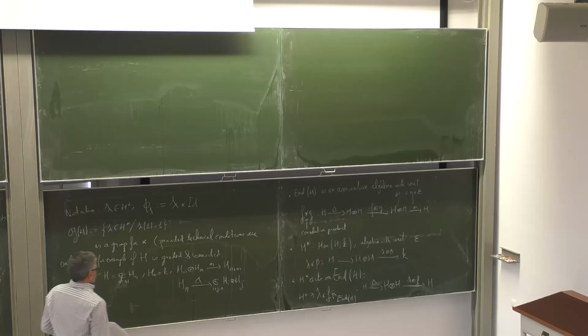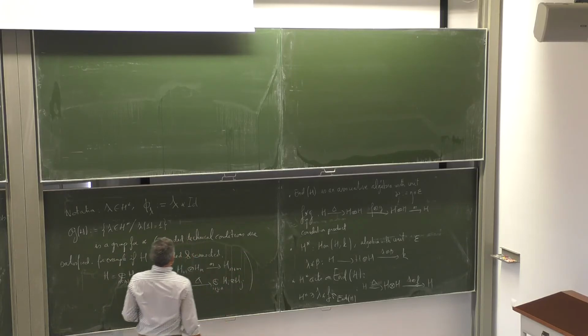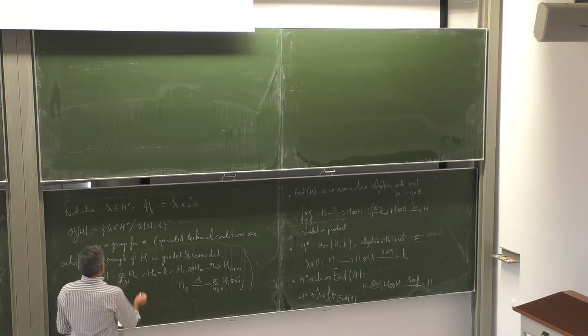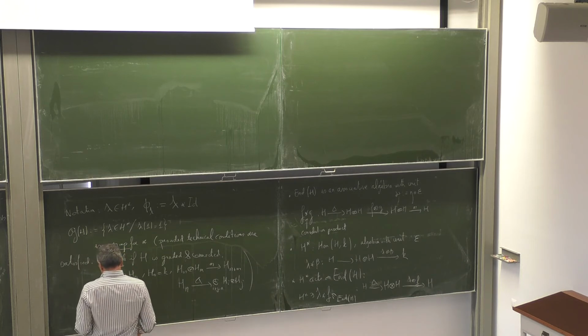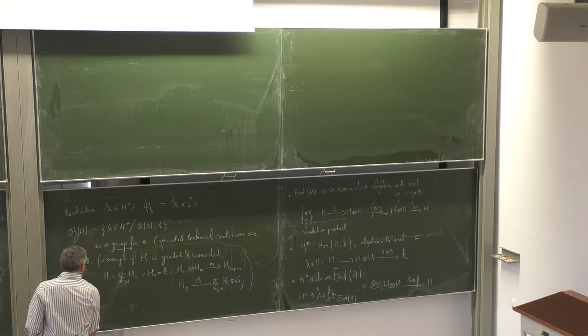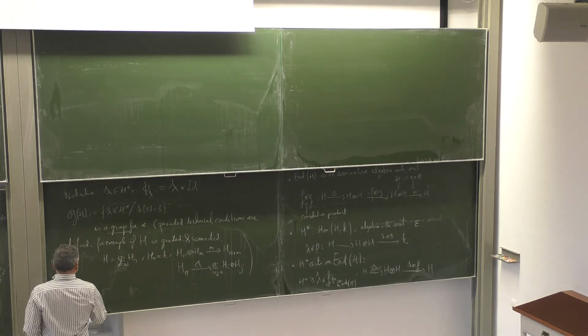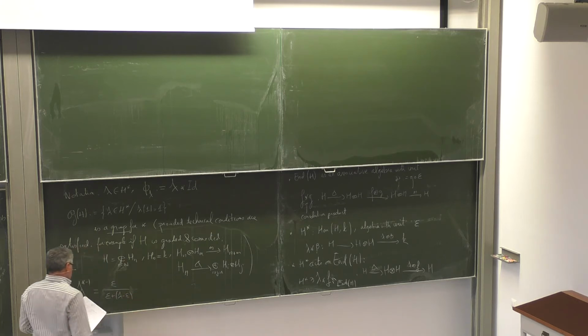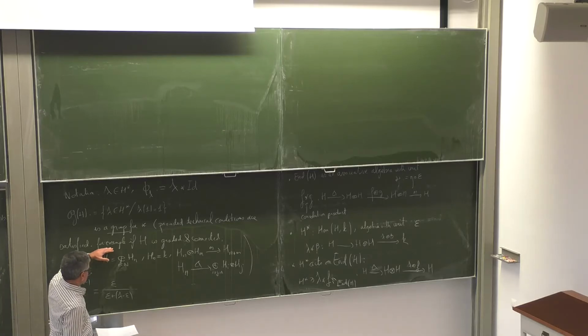So provided these kind of conditions are satisfied, G of H is a group. And so the inverse of an element is obtained from this identity that you expand as a formal power series that has only a finite number of terms in this kind of situation when H is graded.